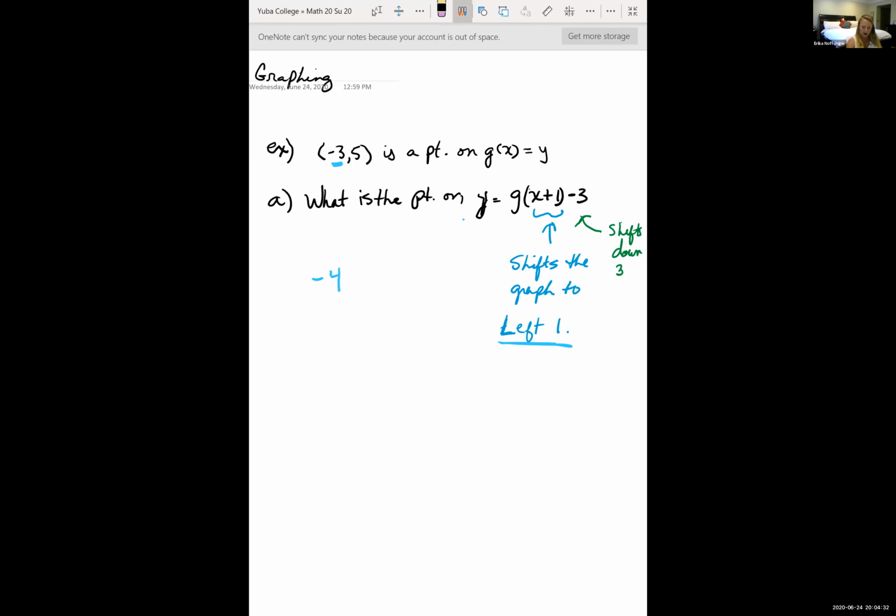And then our y value, since we're shifting it down 3, so from 5, our y value down 3, so 5 minus 3 is 2. And so our new point, if we know -3, 5 was a point, our new point, -4, 2 would be the point on that graph.